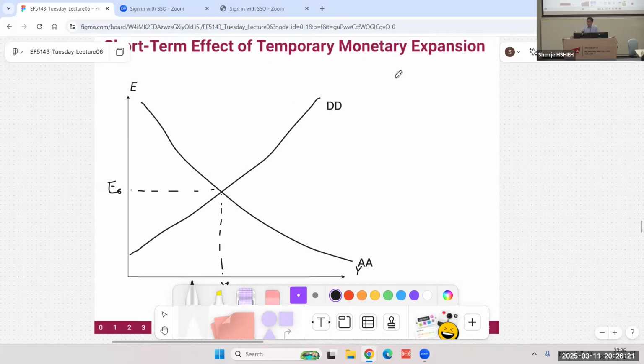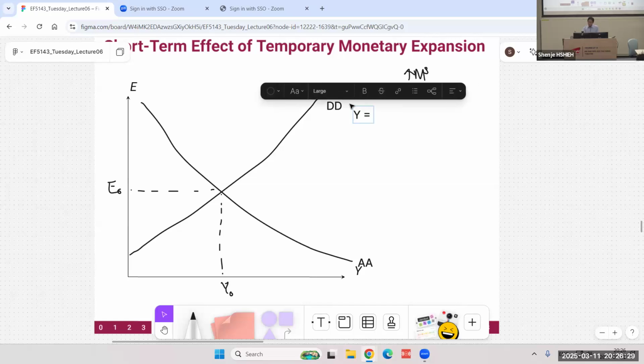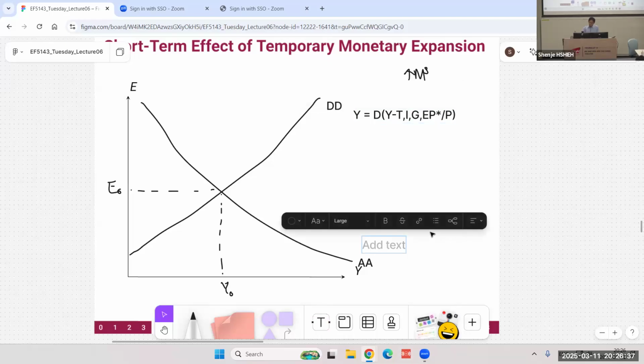So a temporary monetary expansion says there's an increase in MS. So the relevant equation that's going to be impacted is MS over P equals L.